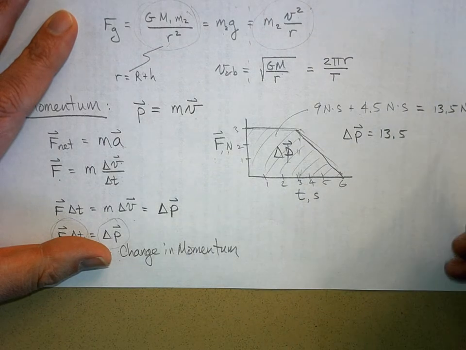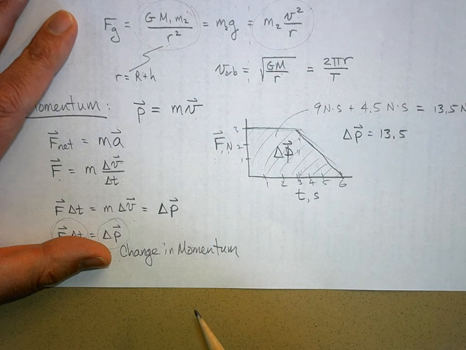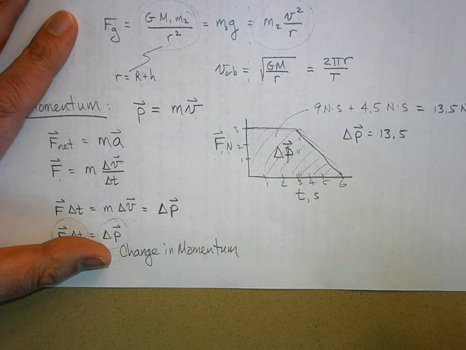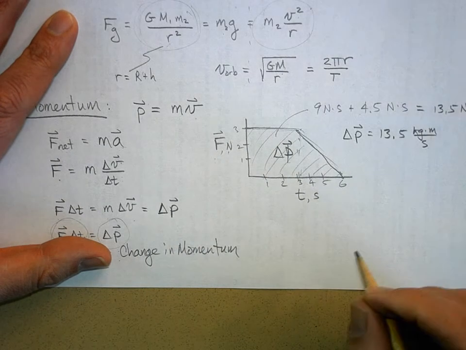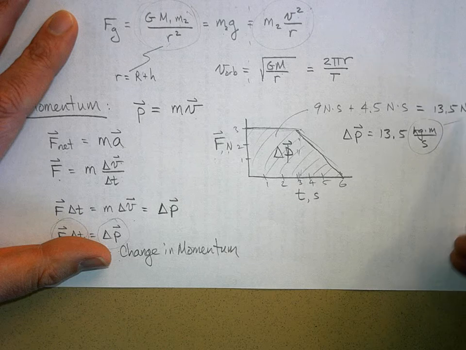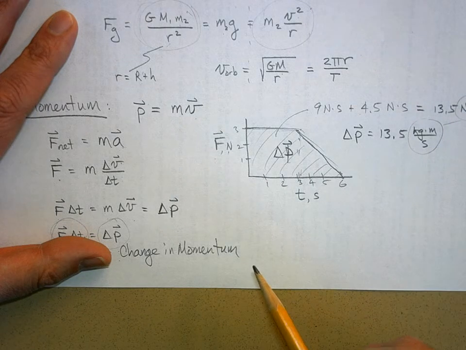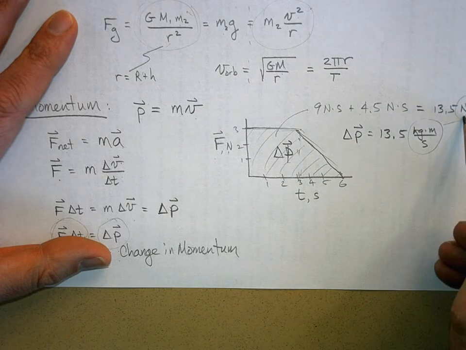Now, what's a Newton second? A Newton second is an impulse. Here I want a change in momentum. What are the units for momentum? Well, it's mass times velocity: kilogram meters per second. Are these the same? Are these equivalent? Yes, they are. Because what is a Newton?